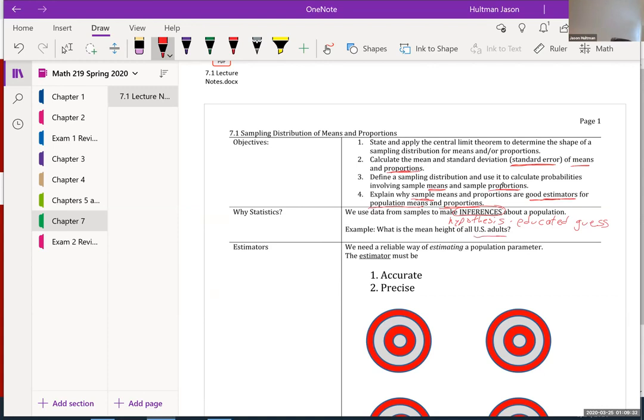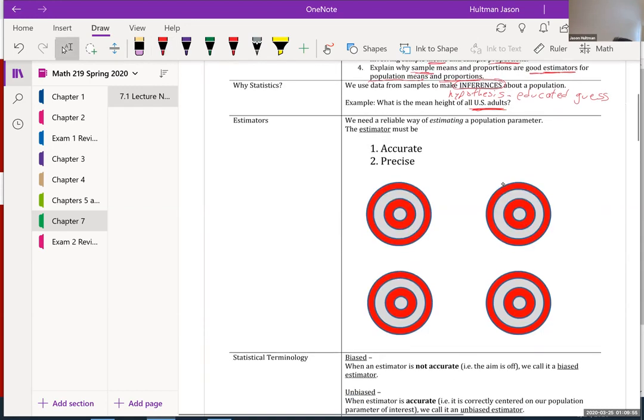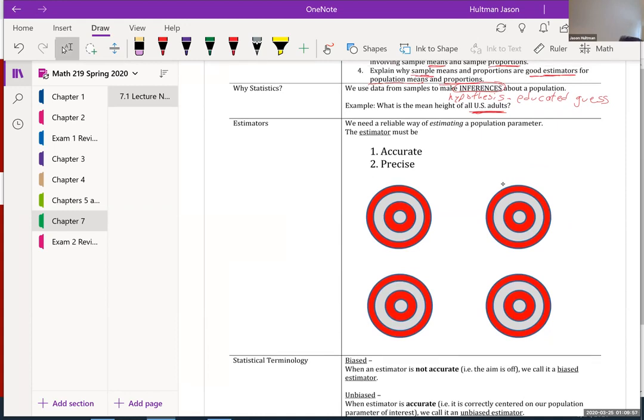We wouldn't be able to survey all of the US adults. What we would do is sample a bunch of them, and then make an educated guess based on the sample, based on the sample size. We need a reliable way of estimating a population parameter. It needs to be both accurate and precise.